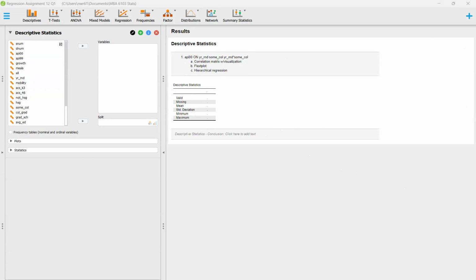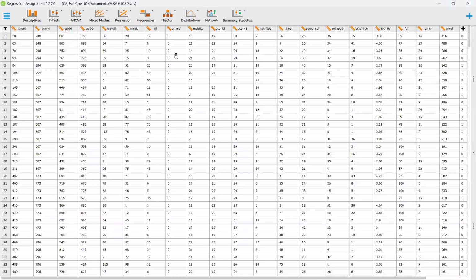Year round, it's actually just year round. I'm not sure why it says on. But anyway, year round or YRRND is year-round school, zero being no and one being yes. If we go to that one specifically, you can see in this that they are highlighted as zero and ones.